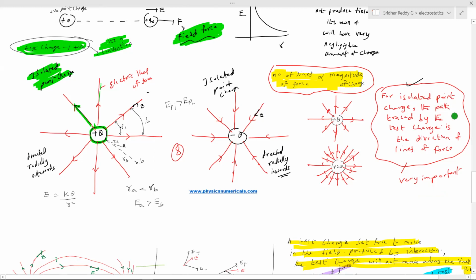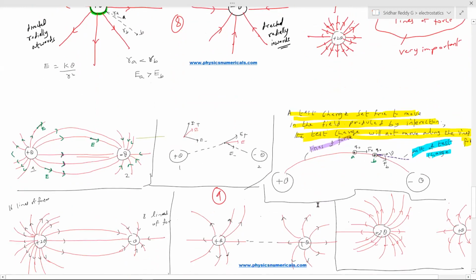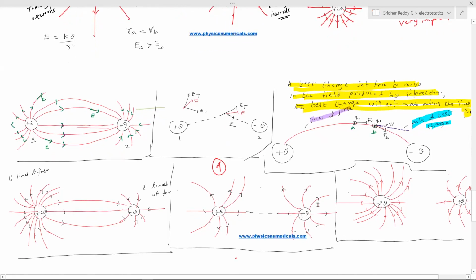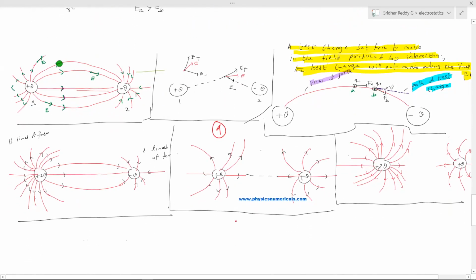Okay, let's come to this one. How do the lines of force look if two charges interact? Now a positive point charge and a negative point charge. What is the force of interaction between them?